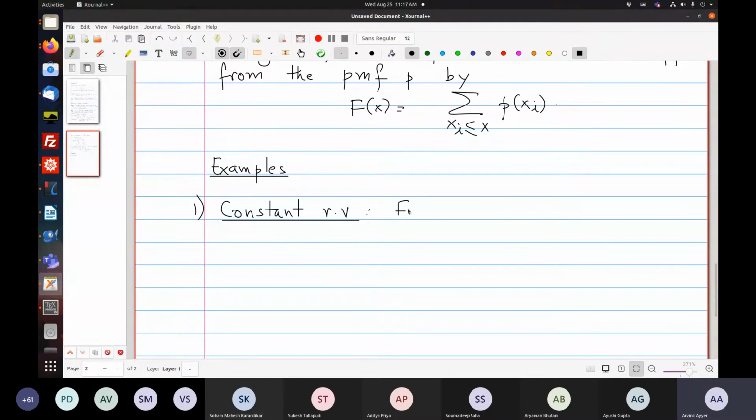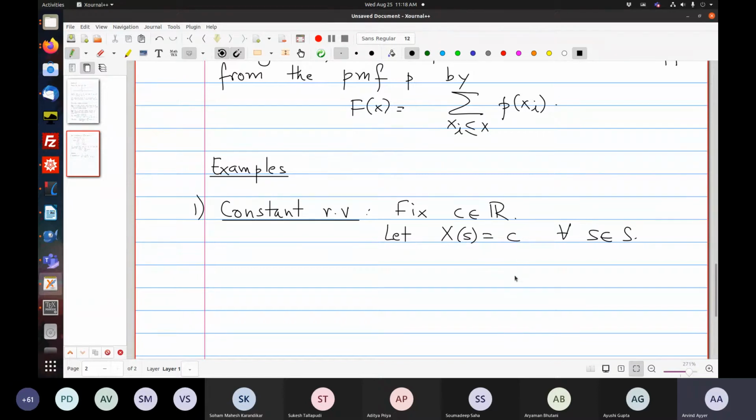So fix some real number C and let X of s equal C for all s in S. I don't really care what the sample space is. Choose your experiment, your sample space, your sigma algebra, whatever you like. But my random variable will always take the value C.